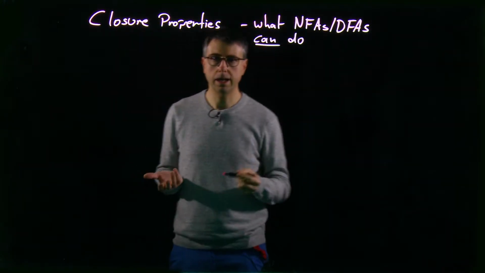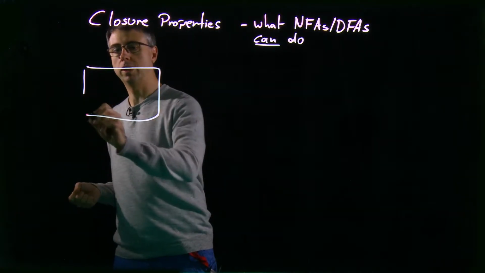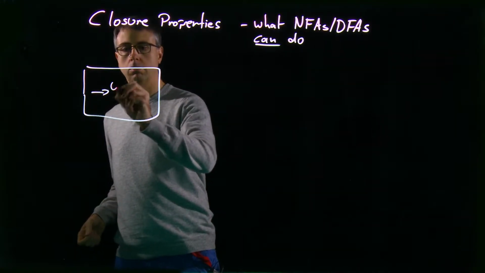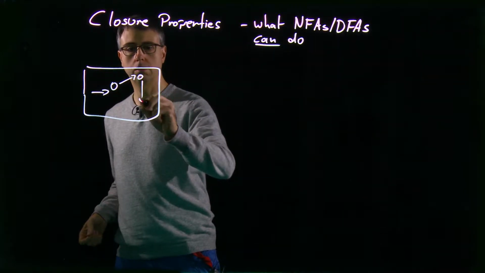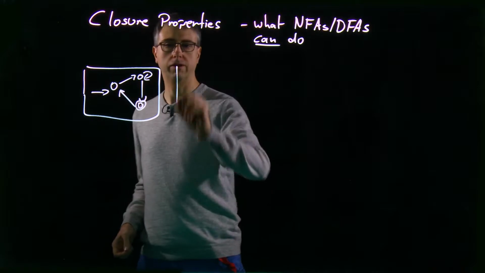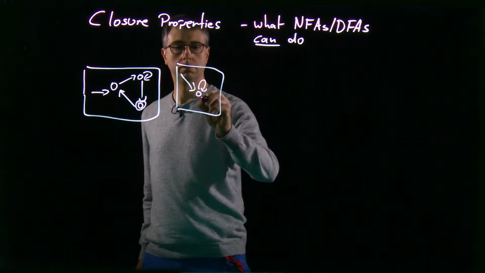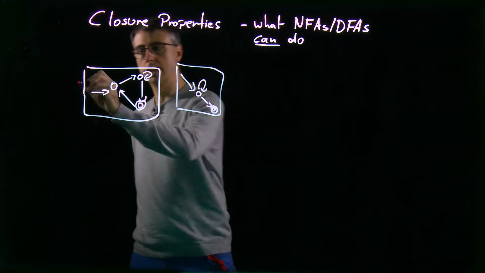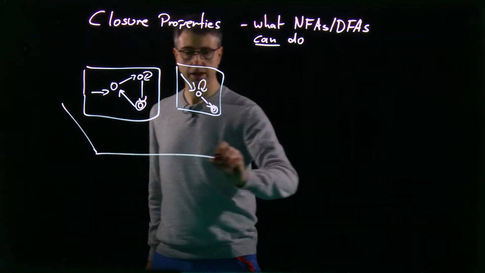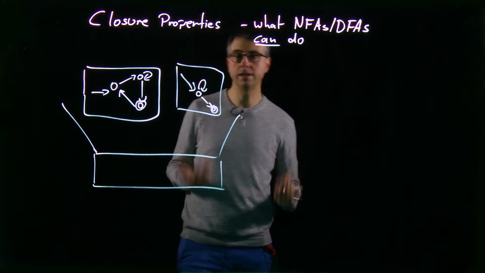The idea is starting with one or more automata. So assume we have some automata, let's say automata here, something like this. And we have another one. And you take these automata and put them into an algorithm, a systematic construction.